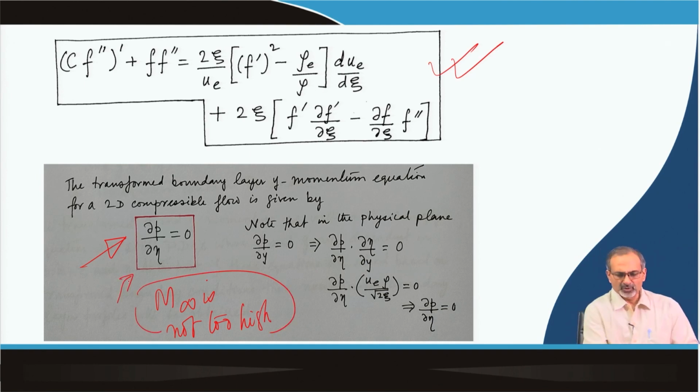And note that how do you come to this del p del eta equal to 0 can be shown very easily, because in the physical plane the corresponding equation was del p del y equal to 0. So, if you apply this relation in order to transform it, then you have del p del eta into this quantity, which basically means that del p del eta is equal to 0. Therefore, the y momentum equation boils down to this.